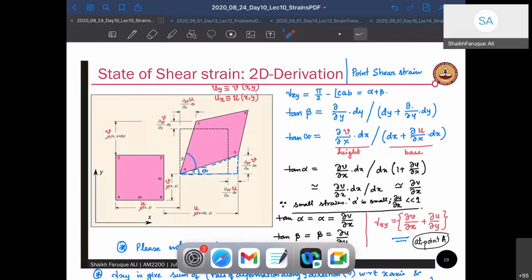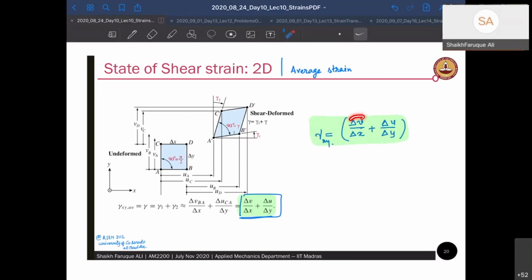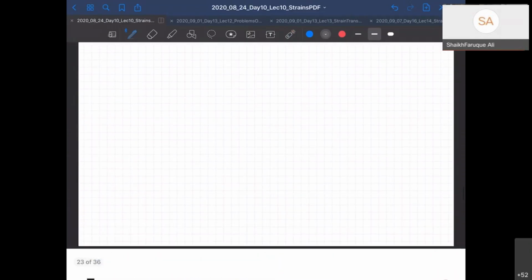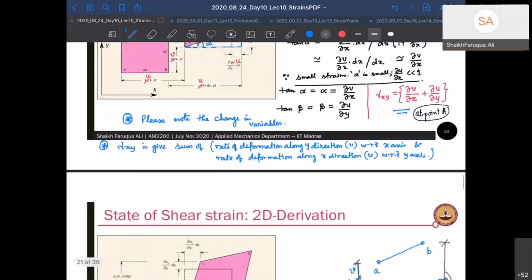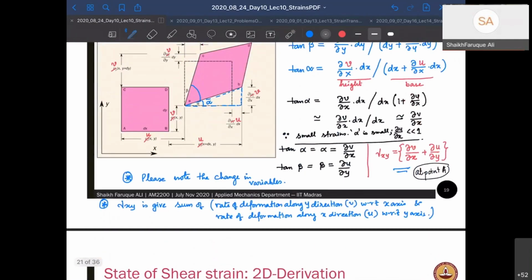As we discussed, average gamma xy is given by the average values like del v by del x and del u by del y, not this, this is u. But when you take the limit of those, you will get the point strain, which is given by this formula here.